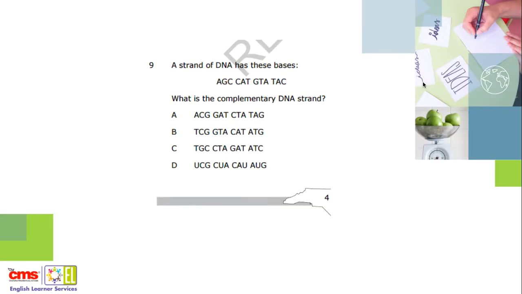So moving on, this was actually the question and the answer choices that accompanied that first piece of text. What is the complementary DNA strand? So hopefully looking at that question and looking at those answer choices helps with that annotation piece.